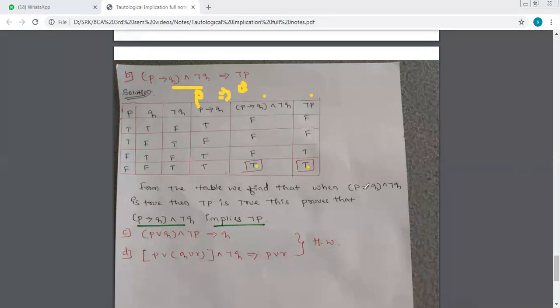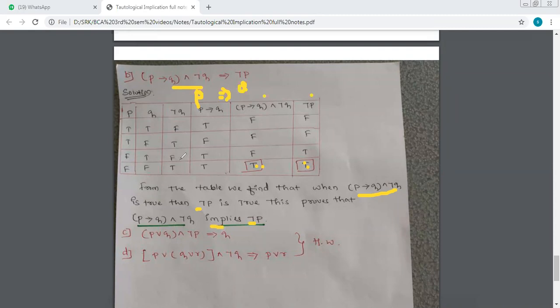From the above table we find that P conditional Q conjunction negation Q is true, and negation P is true, and this proves that P conditional Q conjunction negation Q implies negation P. Finally we have to write one line.